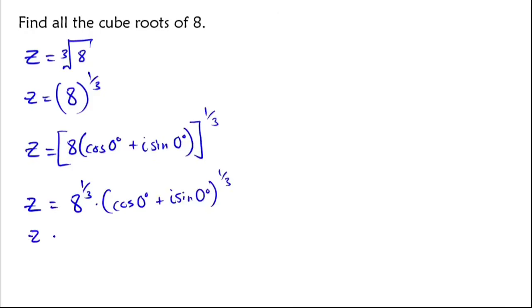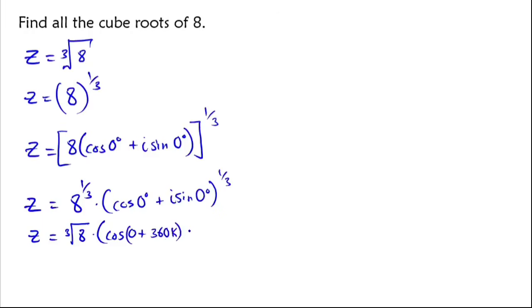So z is equal to the cube root of 8 multiplied by, so this here will be cos 0 plus 360k.